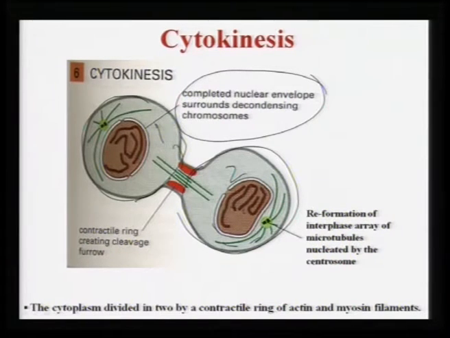So, all these biological membranes, if required, can be broken and reformed. One example I have shown you here is how the nuclear envelope, when required, becomes fragmented, and at the end of telophase it becomes reformed, and cytokinesis forms two distinct sister cells or daughter cells.